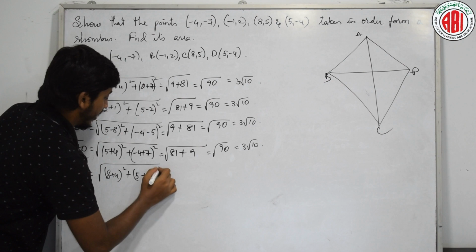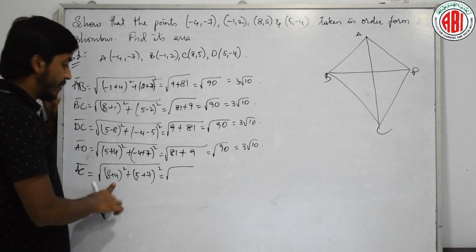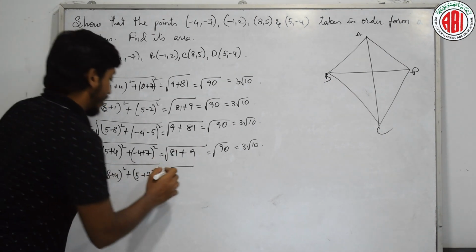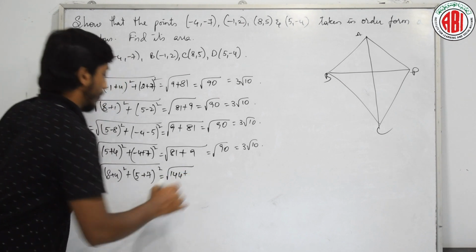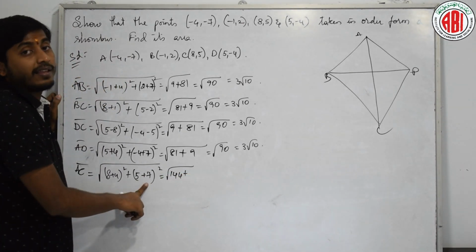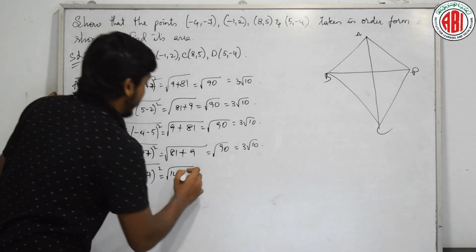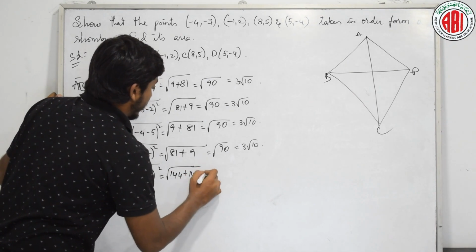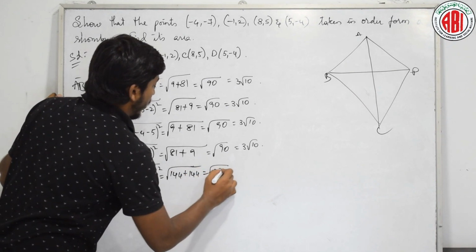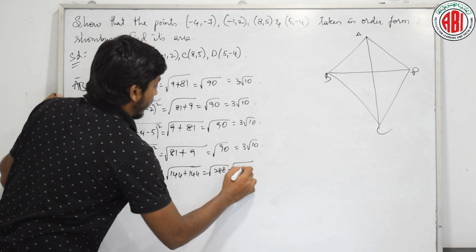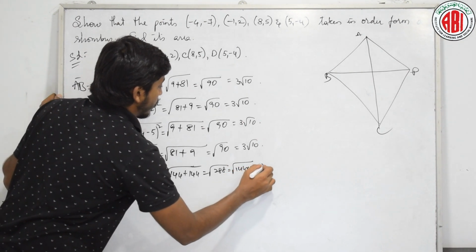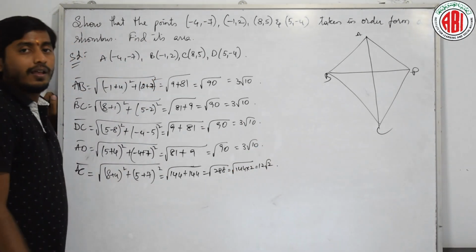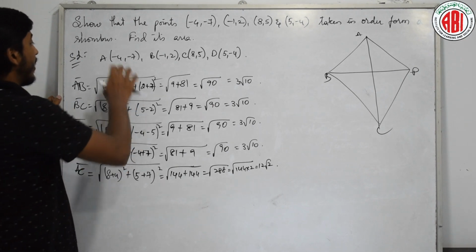You can find it, right? Tell me 8 plus 4 क्या है? 12. 12 square is 144 plus 5 plus 7, that is 12. 12 is again 144, that is equal to 288, can be written as 144 into 2, that is 12 root 2.